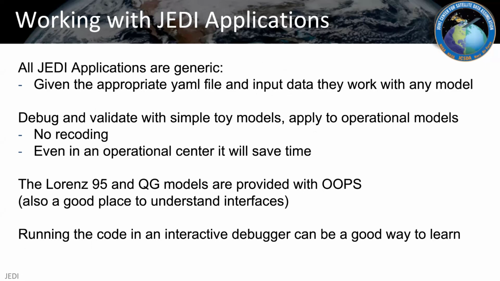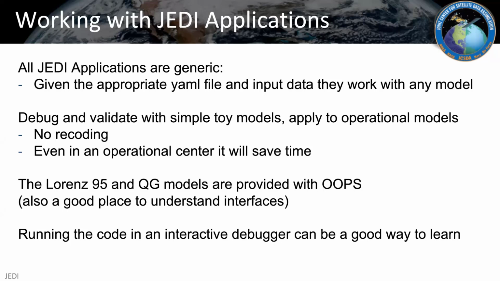So I think this is just a recap of things we've said before. Given all these JEDI applications are generic, you just need to change the YAML file and your template argument when you're compiling to change the model. You don't need to recode anything. Once a model is in there, you can swap without any coding. And you can do a lot of developments with the toy models for testing a new data assimilation algorithm.